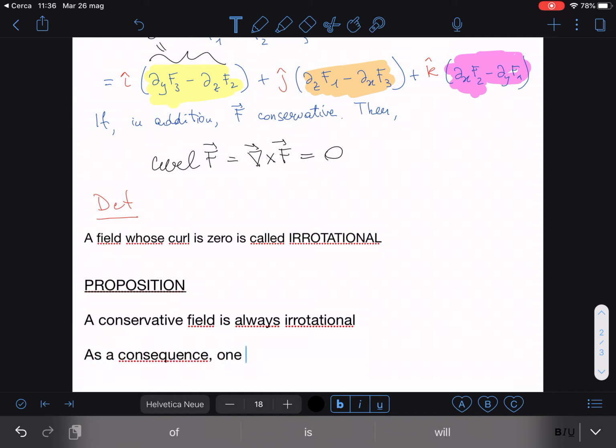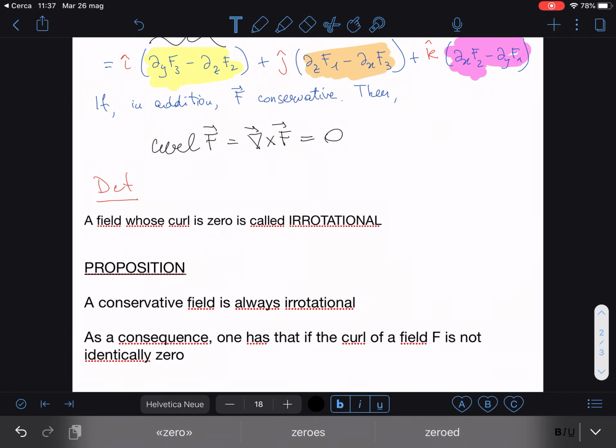one has that if the curl of a field f is not 0, and I mean identically 0, so 0 in all points, then f is not conservative.